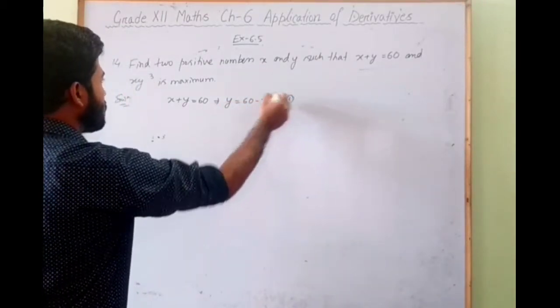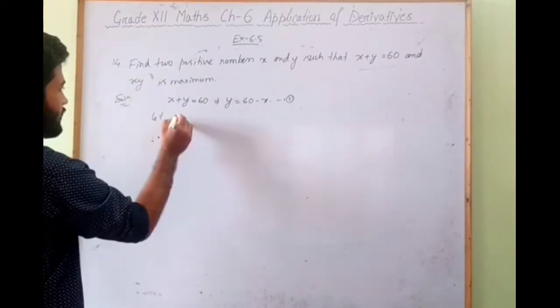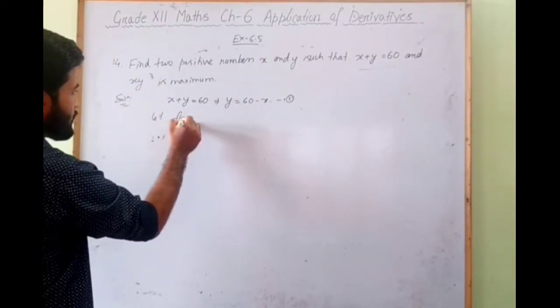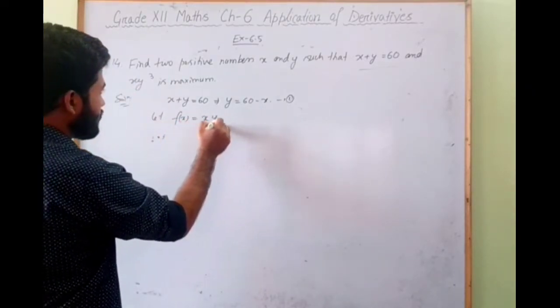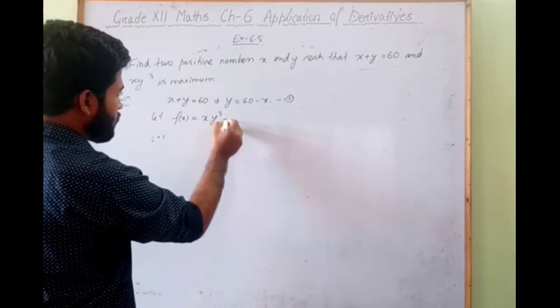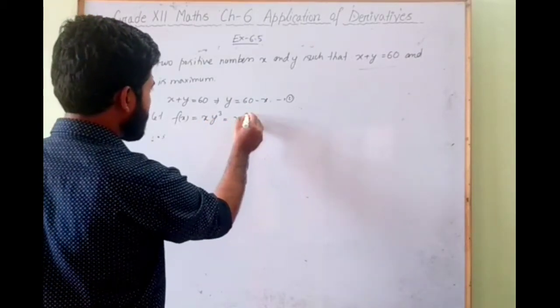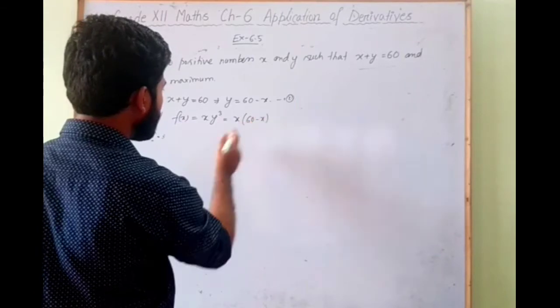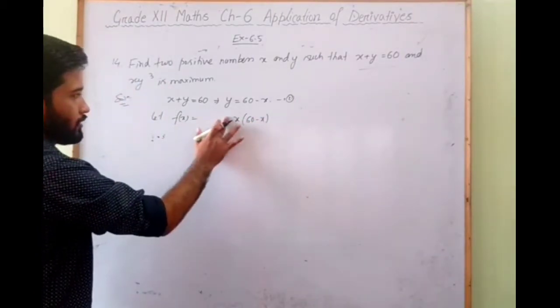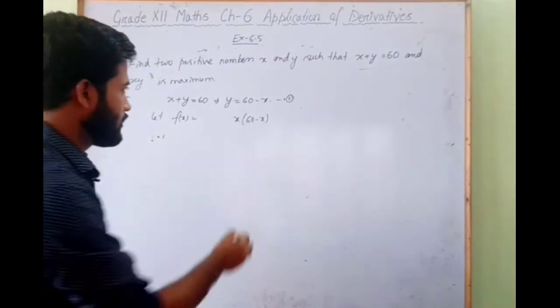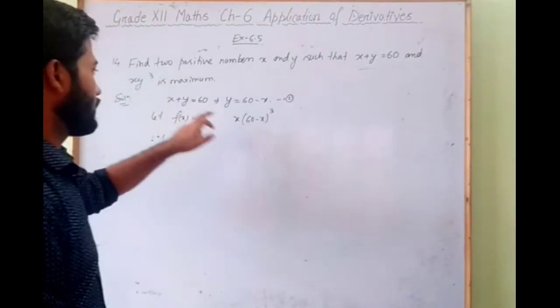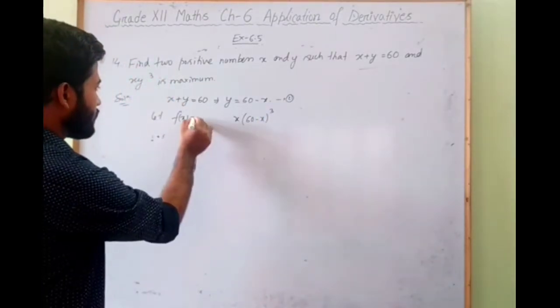Let us consider this function as f of x is equal to x into y cube. So in place of y, replace it by 60 minus x. So this will be a function of x itself. So thus we have got our f of x.